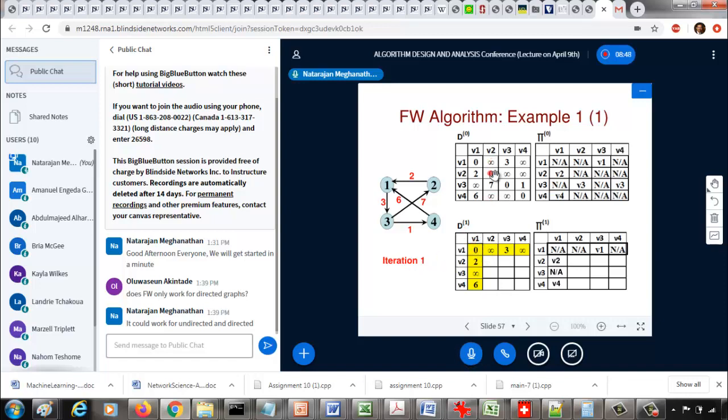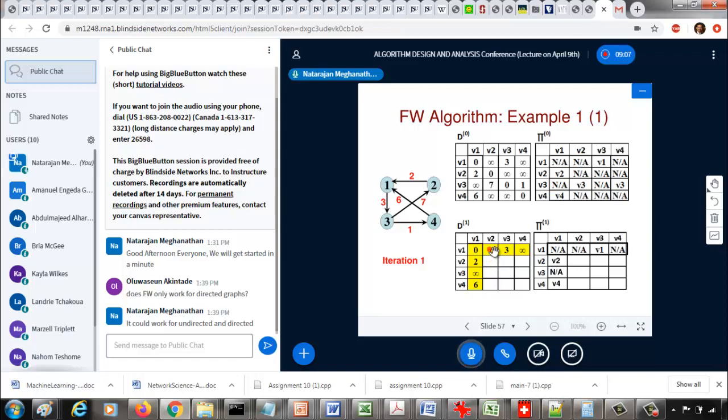As I said last time, you can simply draw a horizontal line that hits the highlighted column and a vertical line that hits the highlighted row. From cell 2, 2, it will hit this cell, which is 2, and it will hit here as infinity.